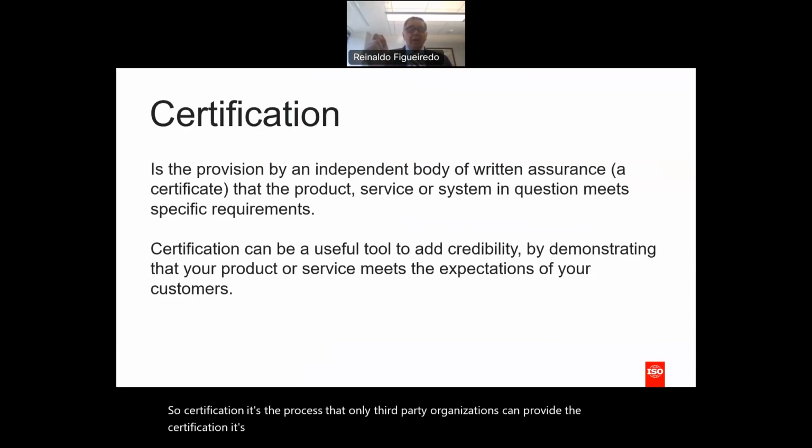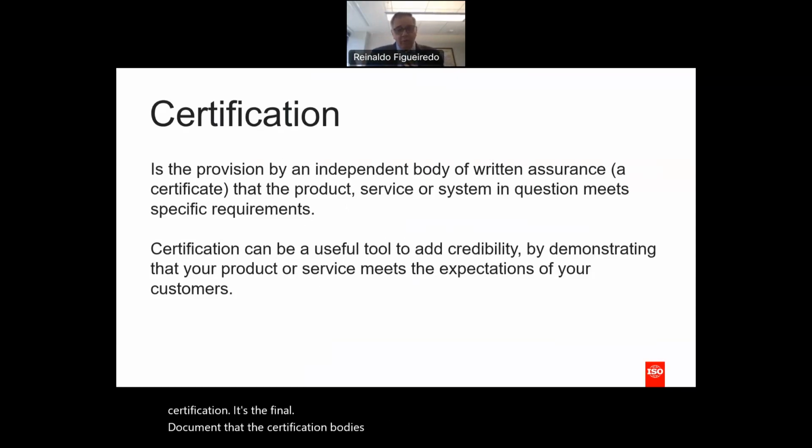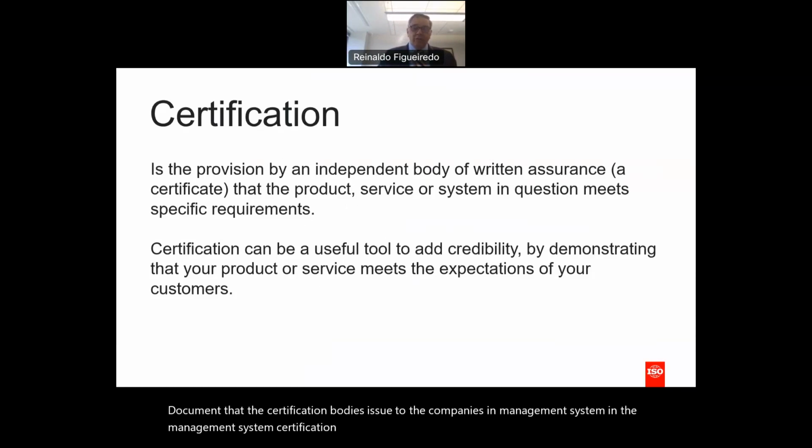It's the final document that the certification bodies issue to the companies in management system certification. Like a company that produces a cell phone wants to have its management system certified in accordance with ISO 9001.